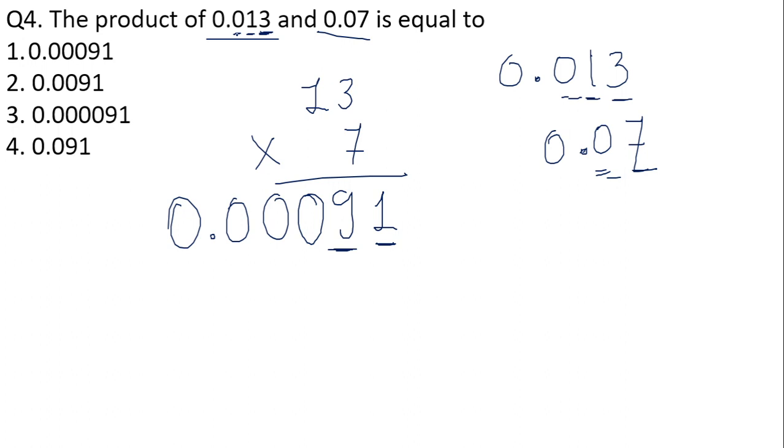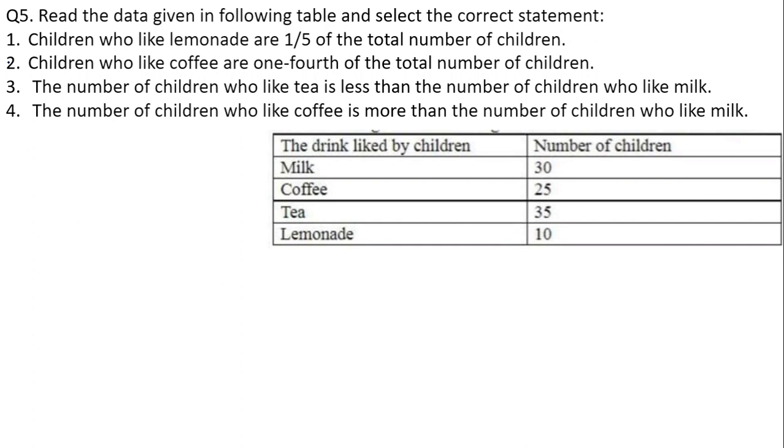Because we have to add the decimal point before 5 digits. So total 5 digits and then give the point. Got it? So the answer will be option number 1. I hope you have got the solution. Okay. Moving on to the next question now.